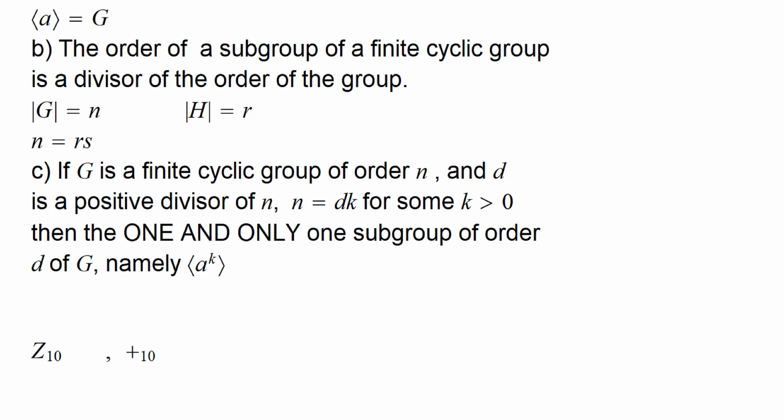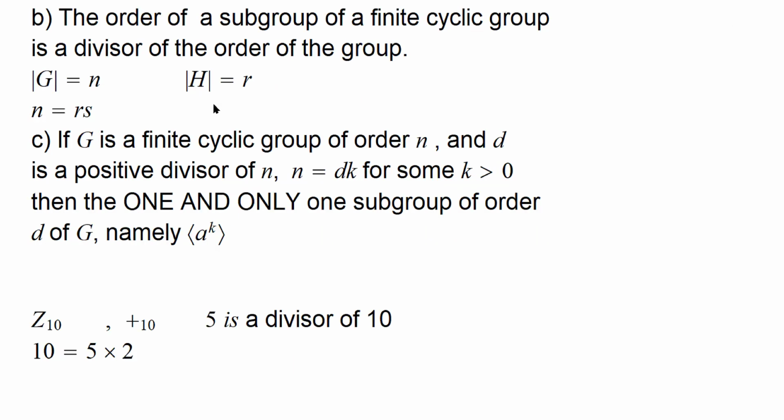In this case you can see that the number 5 is a divisor of the order of this group, a divisor of 10. 10 is the order of this group, and 10 equals 5 times 2.